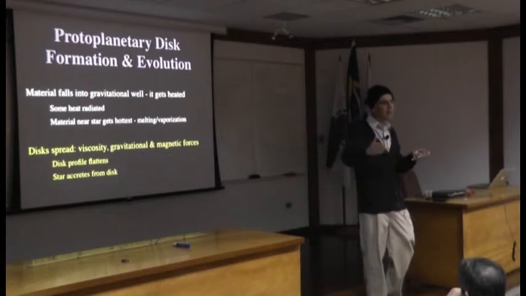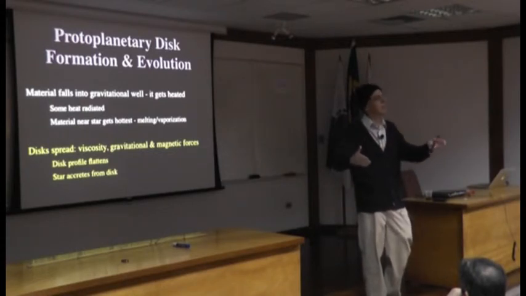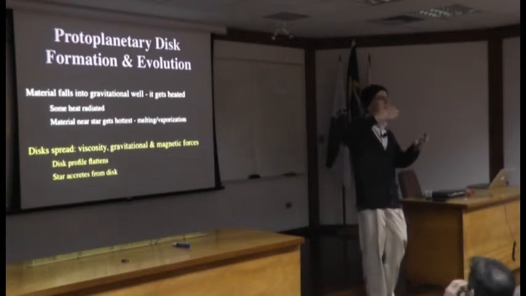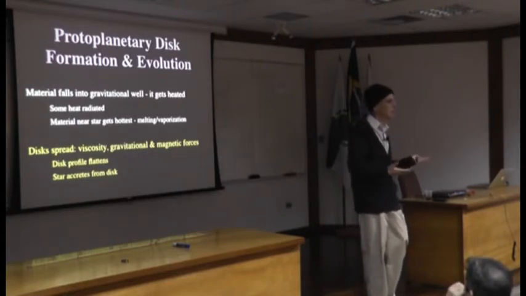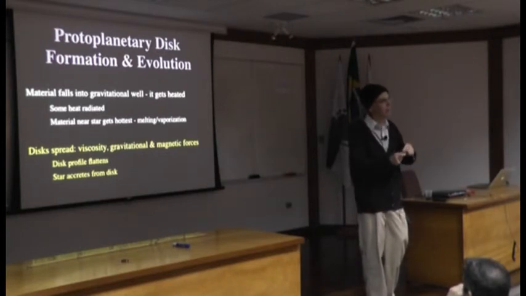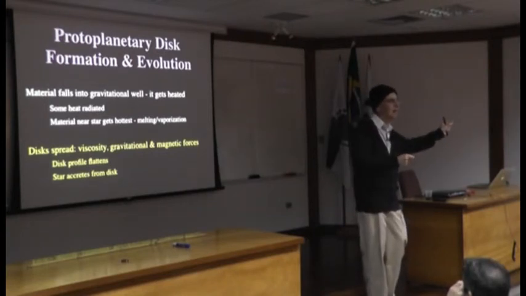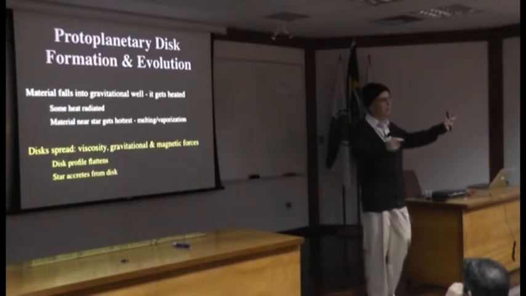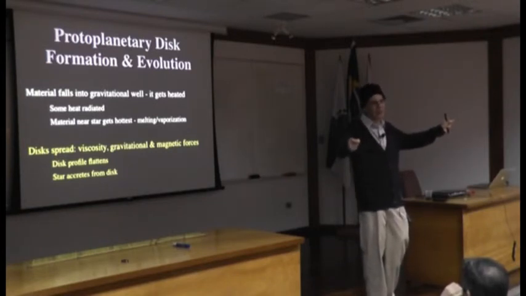It's negative energy because for a circular orbit, the kinetic energy is half in magnitude of the potential energy. So if you take angular momentum out from the inside and put it on the outside, your binding energy increases net.